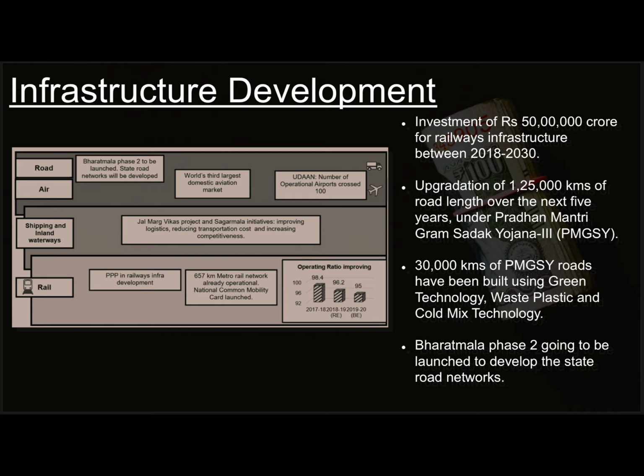For inland waterways, Jal Marg Vikas project and Sagarmala are initiatives being undertaken. In railways, railway infrastructure will be seeing an investment of Rs 50 lakh crore between 2018 to 2030. For metro rail travellers, a national common mobility card is being launched, which will be applicable for metro rails as well as for local buses.